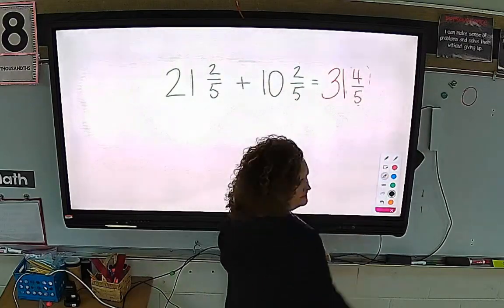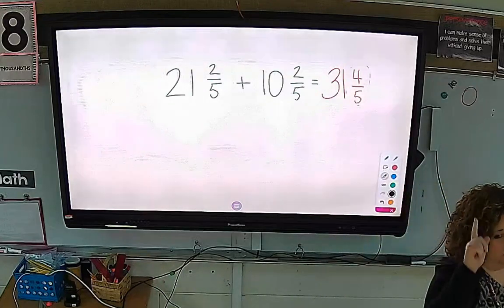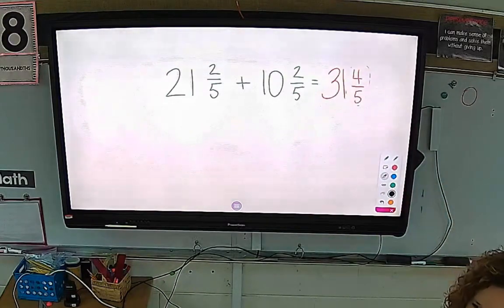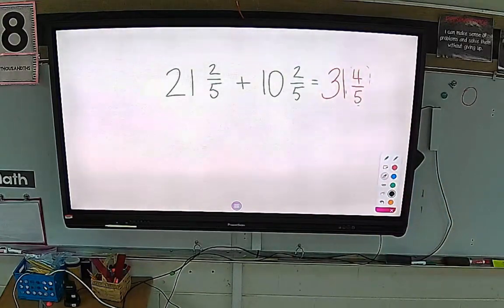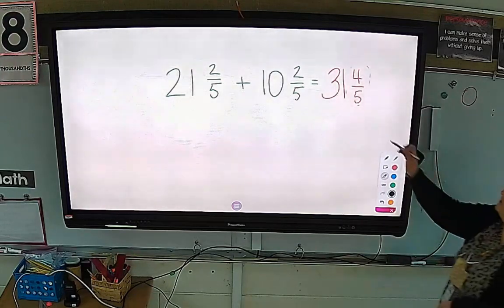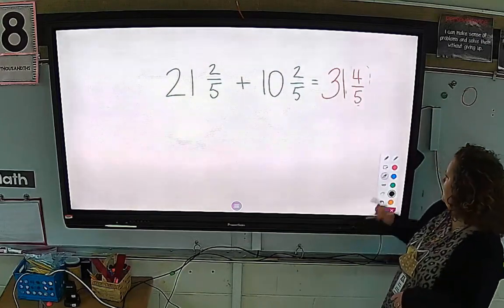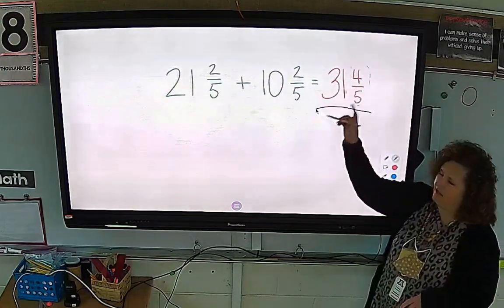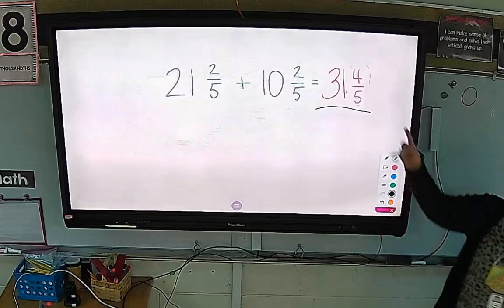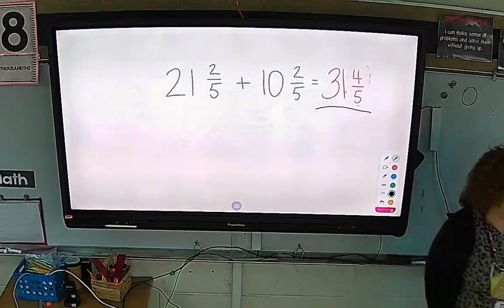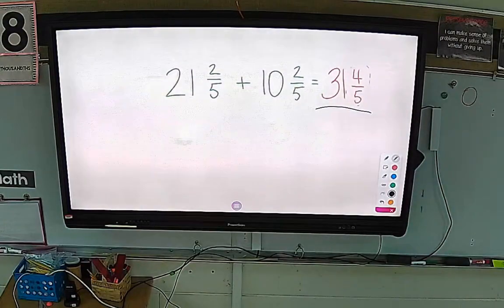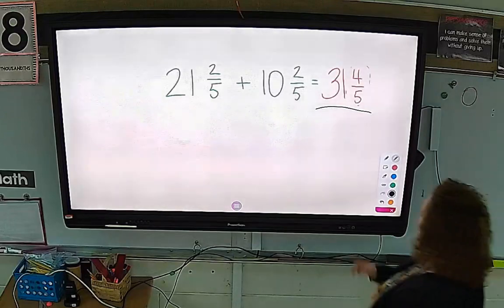They jumped in there and started doing that number bond and then put the brakes on and realized I don't have to do that. If you start doing that number bond and all of a sudden you realize there's not enough, hey, back it up. Erase it. This is your final answer. You did not have to do that number bond because this is not an improper fraction. We can have 4/5 and we leave it as that. Okay? All right, let's try one more.